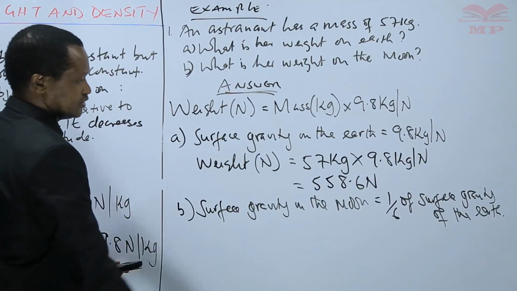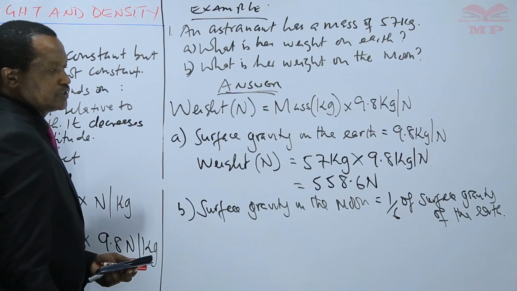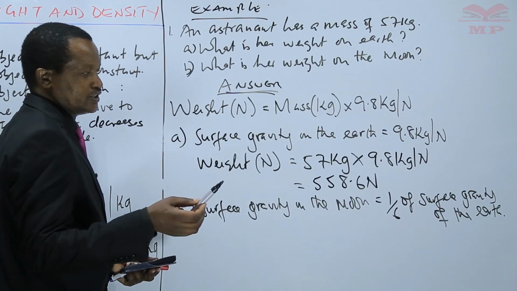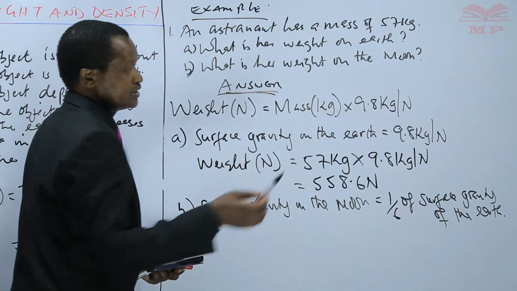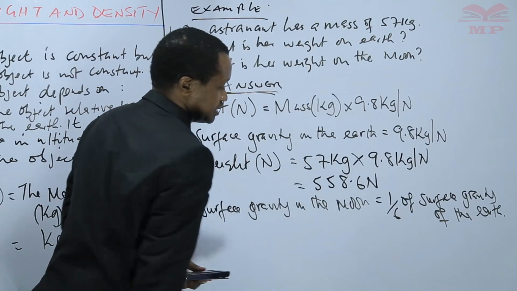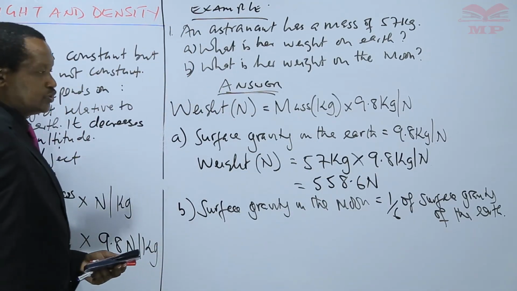The surface gravity on the moon is 1/6 of the surface gravity of the earth, which is 1/6 times 9.8 newtons per kilogram.